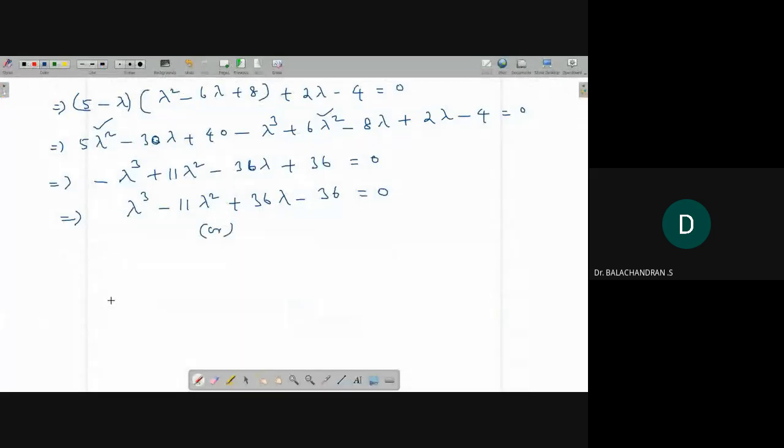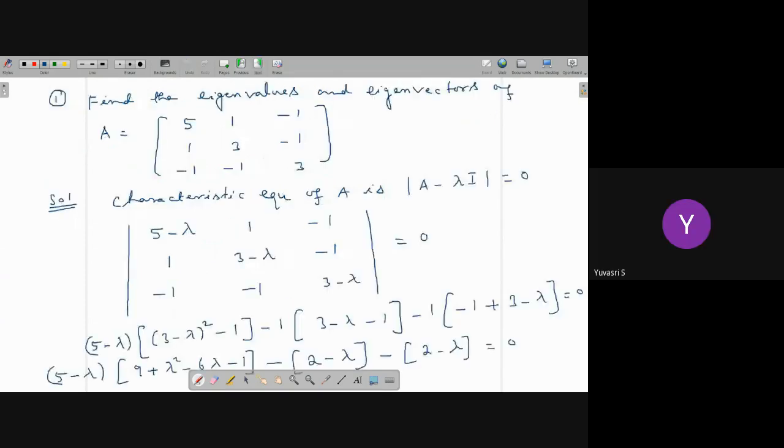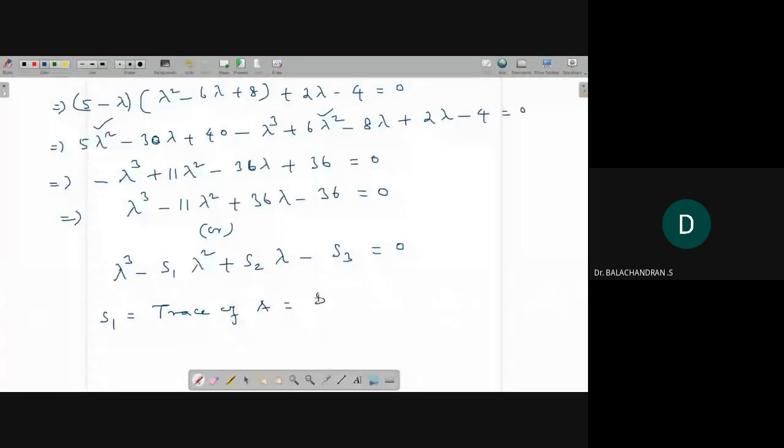The second method is: lambda cube minus S1 into lambda square plus S2 into lambda minus S3 equal to 0. So what is S1? First you should tell the trace of A. Trace of A is 5 plus 3 plus 3, that is equal to 11.